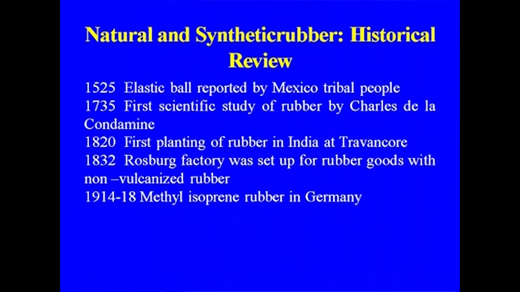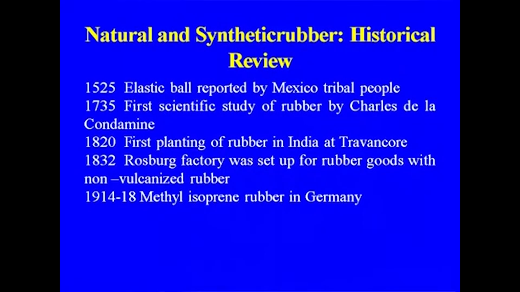In 1820, the first planting of rubber in India started at Travancore. In 1832, a factory was set up for rubber goods with non-vulcanized rubber, because in case of the tire, vulcanized rubber is being used.